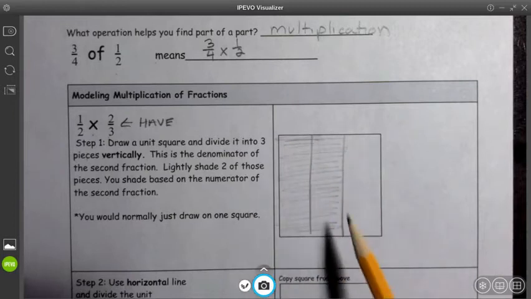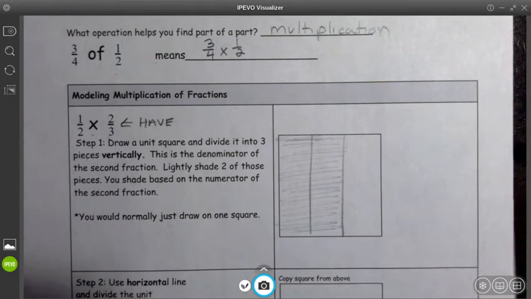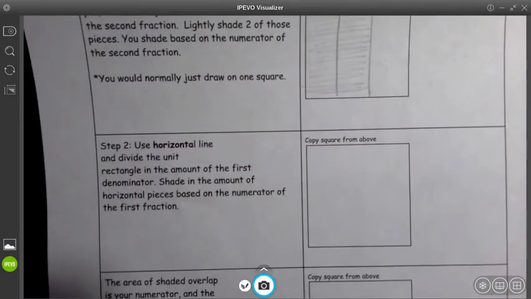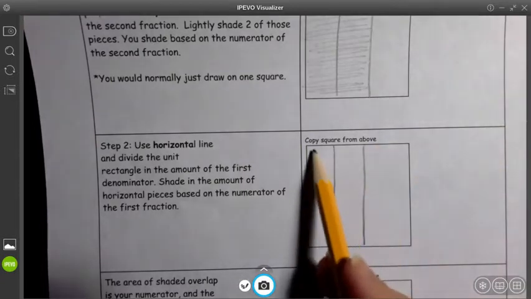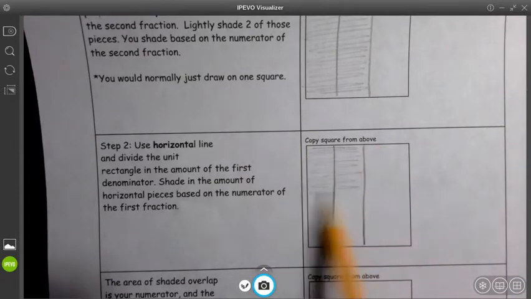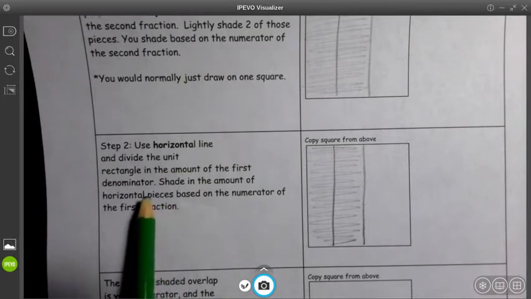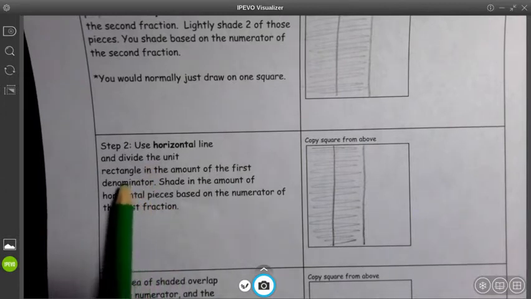Now normally we're just going to do this on one square, but because I want you to see the difference in each step, in the next step, step 2, let's just copy over what we just did. And then step 2 says use horizontal lines, and we are going to make horizontal lines and divide the unit rectangle to the amount of the first denominator.